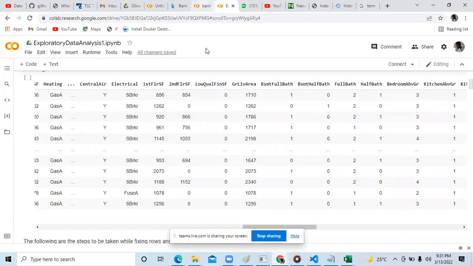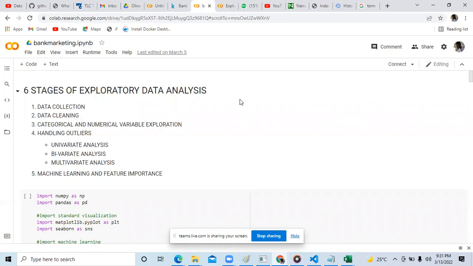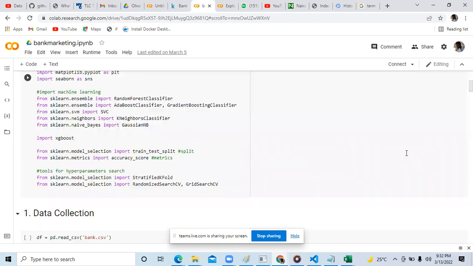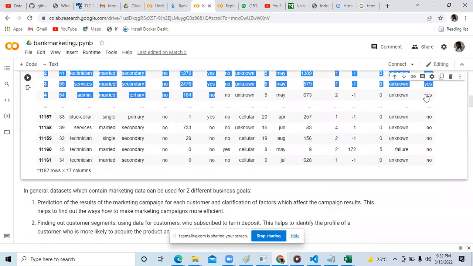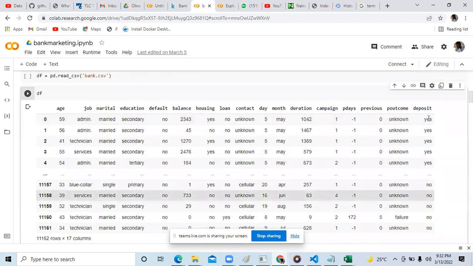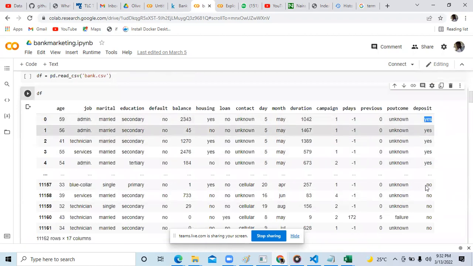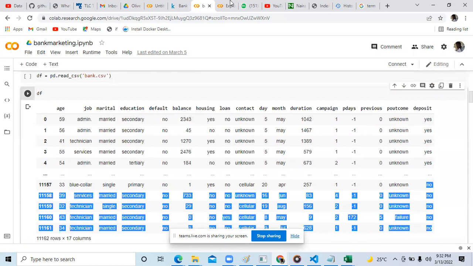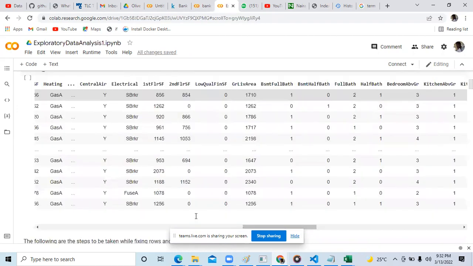Like I've told you, we'll run through one classification data set. Obviously, you can see that this is a classification problem because the output variable is binary. So it's either yes or no: either the person deposited or the person did not deposit, right? The second one we'll be looking at is a regression problem.